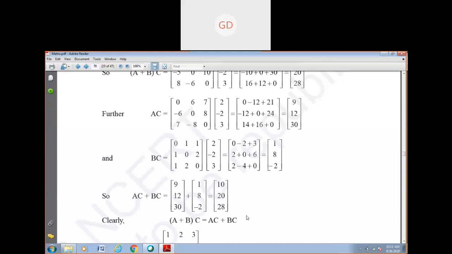So this is all related to matrix multiplication. So many verifications and simplifications are there, and in matrix equations also we will be having scalar multiplication and matrix multiplications whenever we go through some numericals.